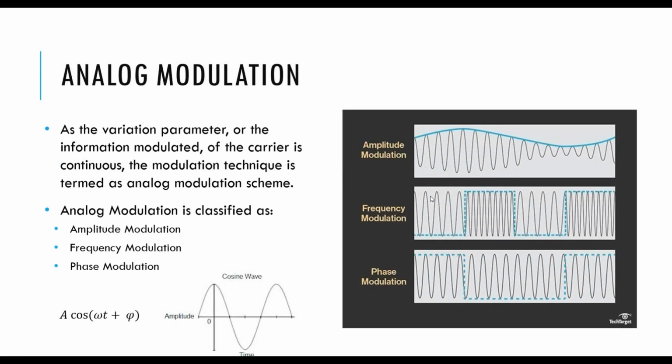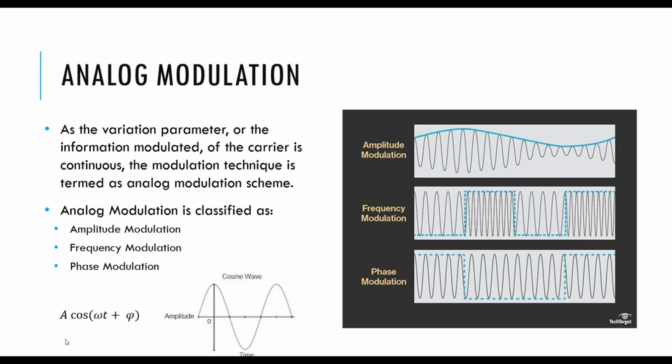In order to understand how we can code this information signal into our carrier, we need to recall that any given signal has 3 fundamental properties, which are amplitude, frequency, and phase, as you can see in this cosine signal.